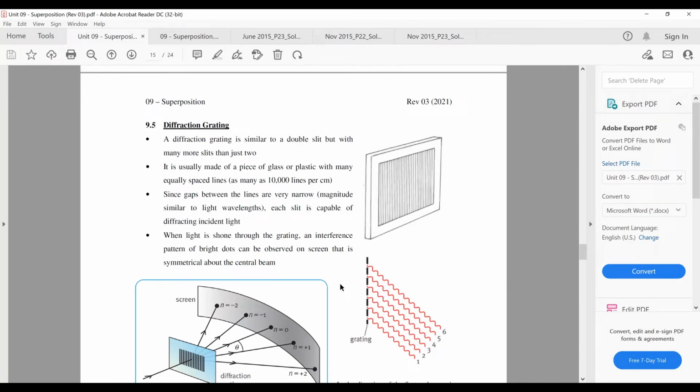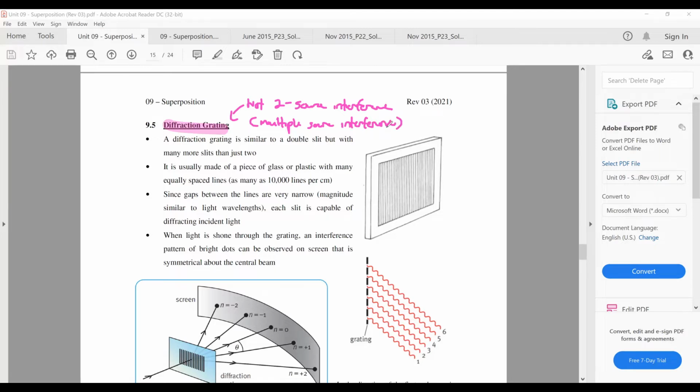Now, diffraction grating, this one is mostly used for light only. Diffraction grating is not two source interference. Actually, it is multiple source interference.